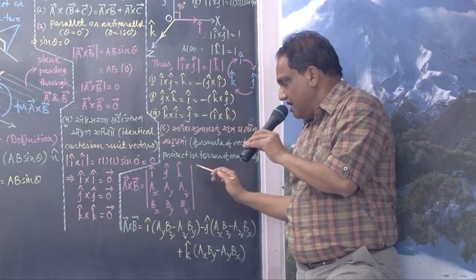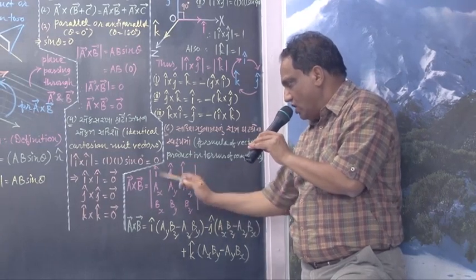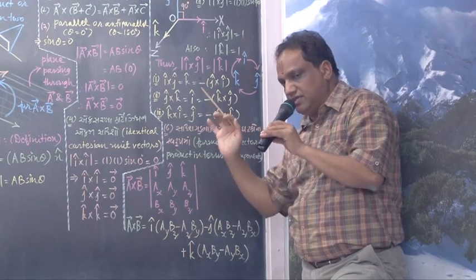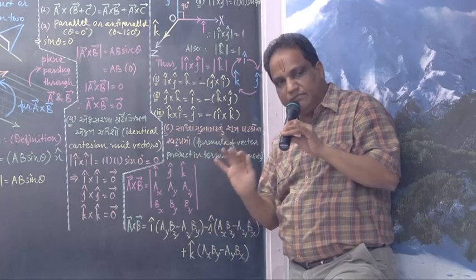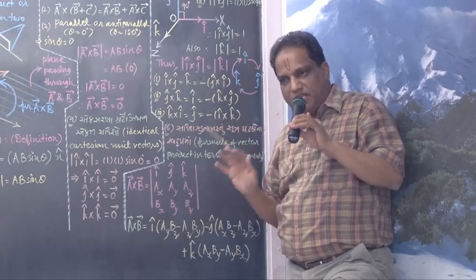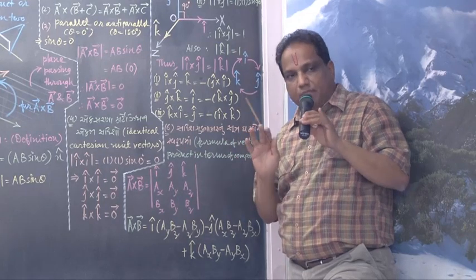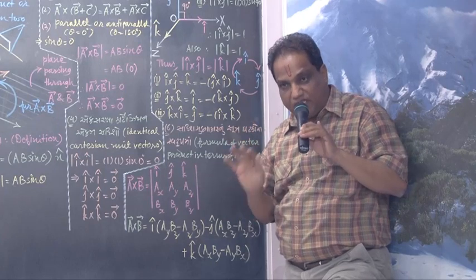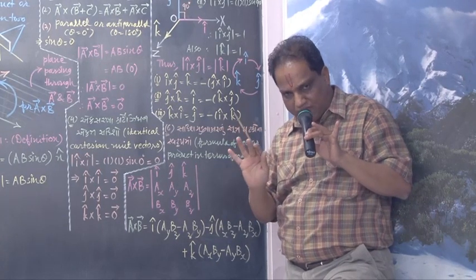Because there are 3 rows and 3 columns, we call it a 3 by 3 determinant. A group students will have to study determinants in the 3rd semester, and B group students will not have to study this, but I am showing you how to expand this determinant. Very simple it is, don't bother.